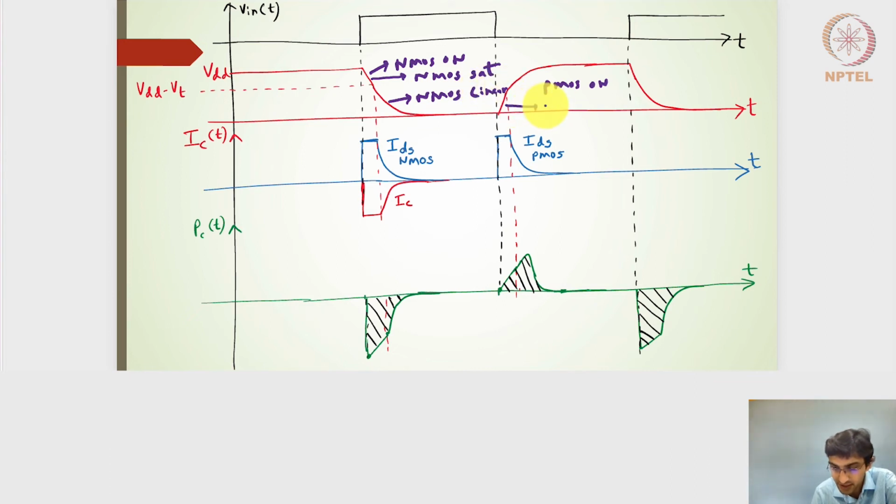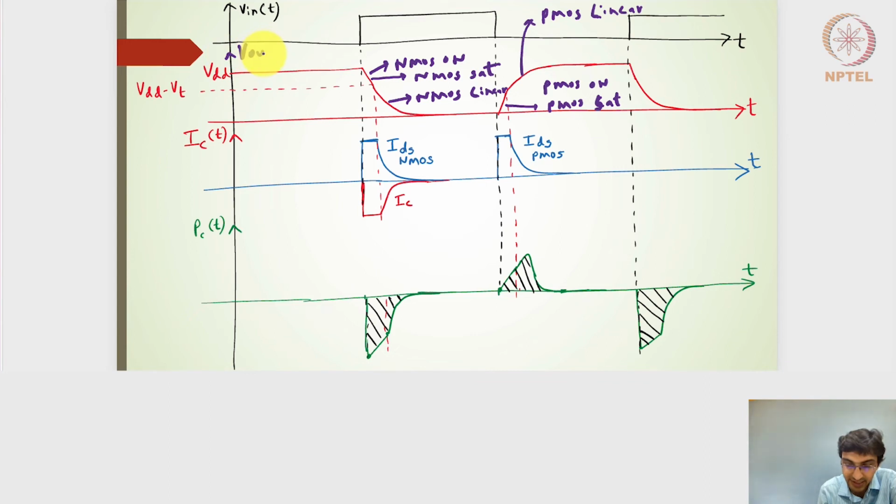Similarly, here in this particular case, the PMOS will be in saturation region, so that's why I have a linearly increasing profile. The output voltage is linearly increasing, and then in this particular region the PMOS will be in linear region, and that's why we will have an exponentially increasing profile. Here, when the NMOS is in linear region, we will have an exponentially decreasing profile. So this is my output profile.